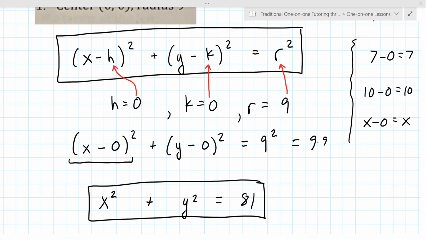Let me know when you get this down and we'll move on to the next question. I just need to get all this down.